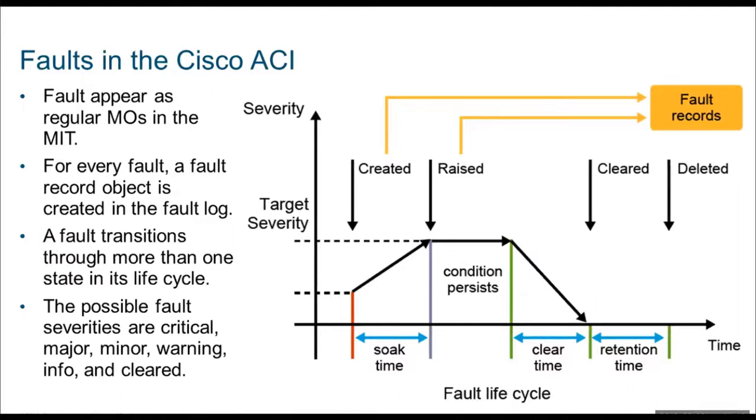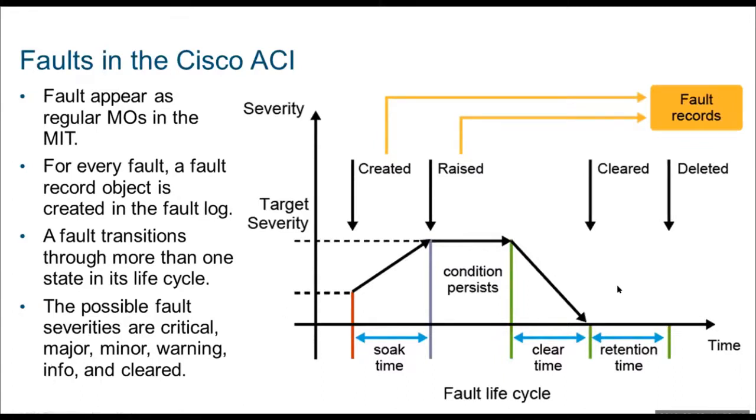So a fault record object is created in what is called the fault log for every fault. This is a dedicated branch of your tree. The fault transitions through these stages. The severities for the faults could be critical, major, minor, warning, information.